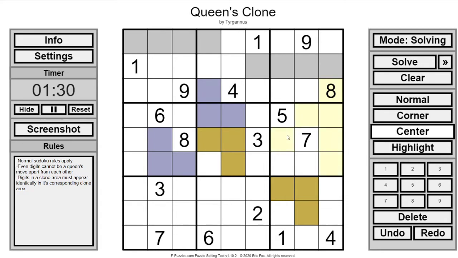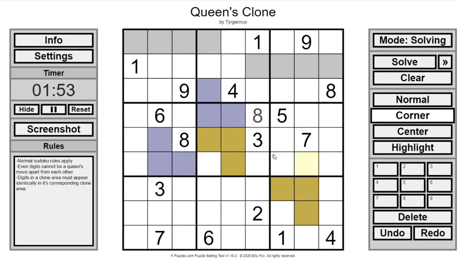This 8 with queen's move rules out all those. So now 8 can either be here or here, right? But if this were an 8, then this would also have to be an 8, and it can't because there's an 8 in the box. So we get this 8, and then I think you'll see where I'm going with this.